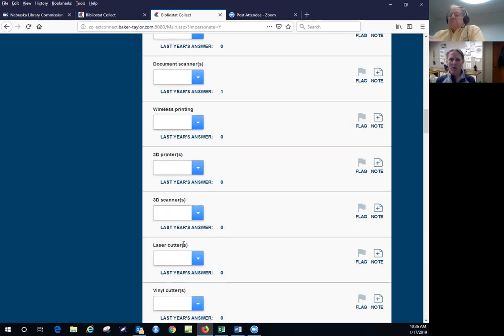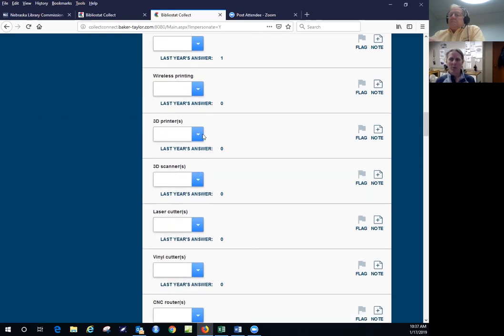Say, for instance, if you had a vinyl cutter, then if we publish our data and I get a request from a library asking what other libraries in the state have 3D printers, for instance, and maybe they want to contact them because they're thinking about purchasing one themselves. They might want to know what your experience is with that particular 3D printer, or say providing programs around this technology. It's the reason that we started collecting this data here.